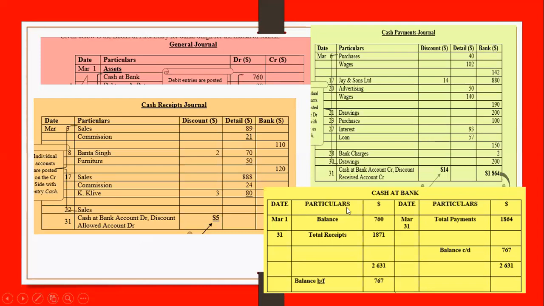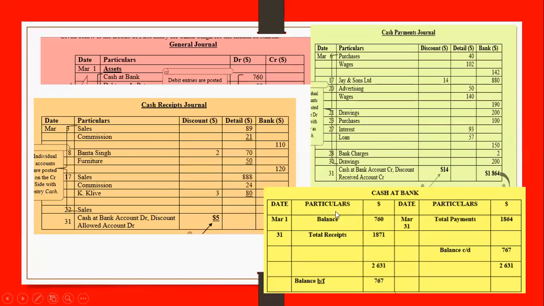So, ledger account, date column, March 1st, the same March 1st from up here, from the general journal. In the particulars column, you can see I have used the word balance because this is an opening balance from the general journal.